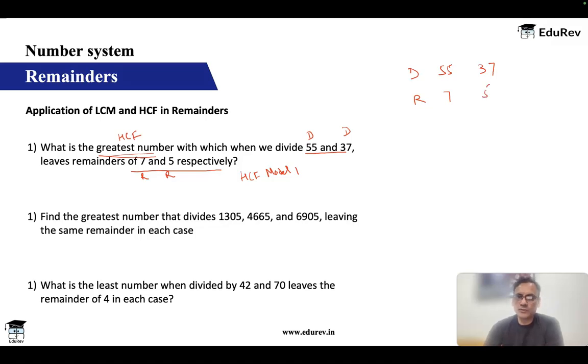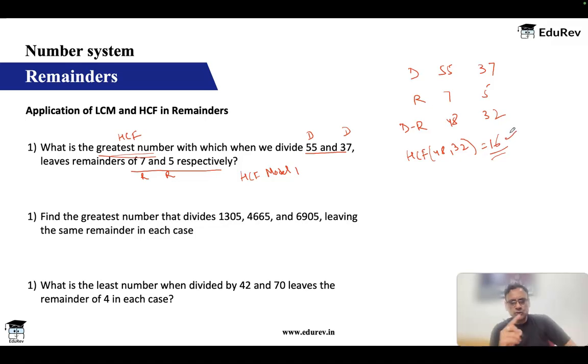If you remember, what we used to do is dividend minus remainder, that is 48 and 32. You find the HCF of that. HCF of 48 and 32 is 16. So the highest possible number is 16, and you can check: 55 divided by 16 gives remainder 7, 37 divided by 16 gives remainder 5. So the answer is 16.